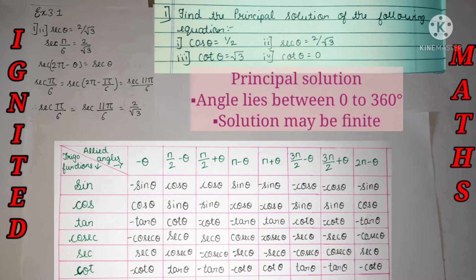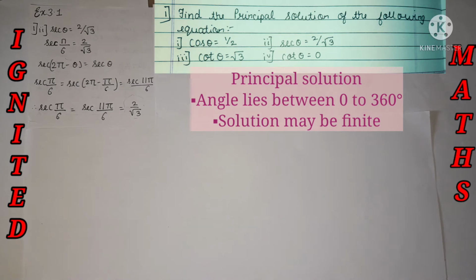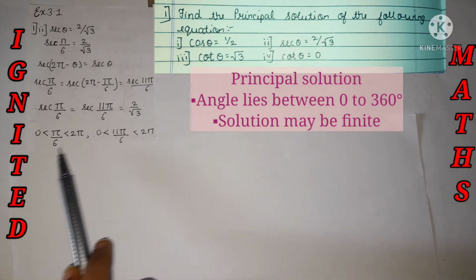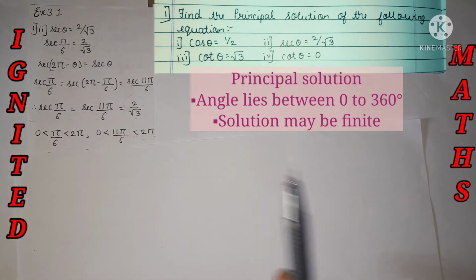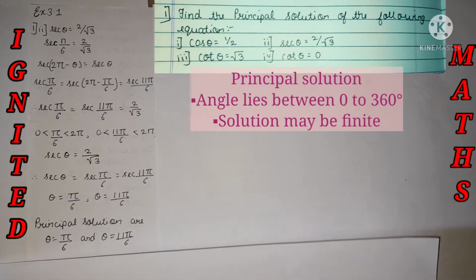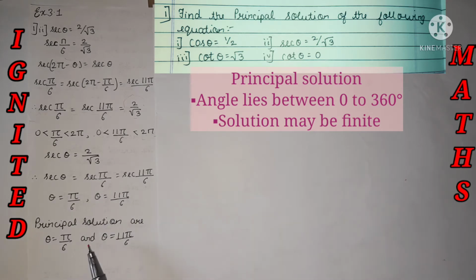So sec pi by 6 and sec 11 pi by 6 give the answer 2 by root 3. Is it lying between 0 and 2 pi? For the principal solution, the angle theta should lie between 0 and 2 pi. It's absolutely lying between 0 and 2 pi, pi by 6 and 11 pi by 6. So the principal solutions are theta is equal to pi by 6 and theta is equal to 11 pi by 6.